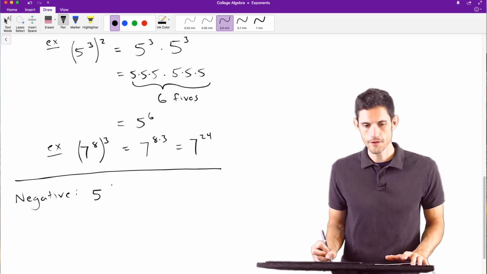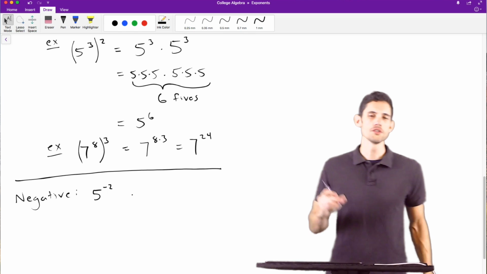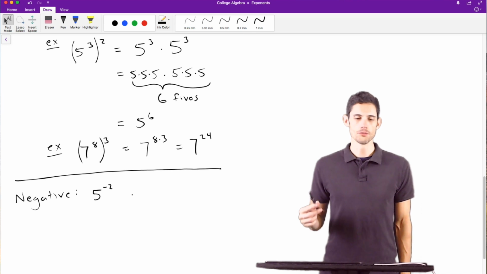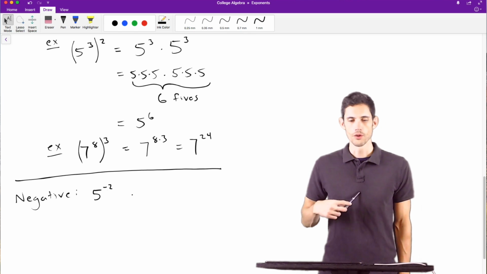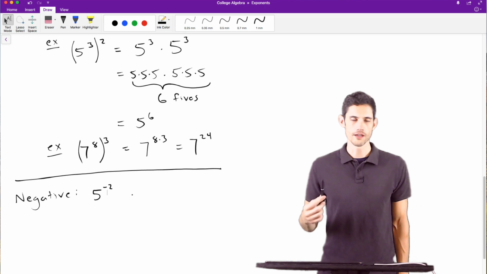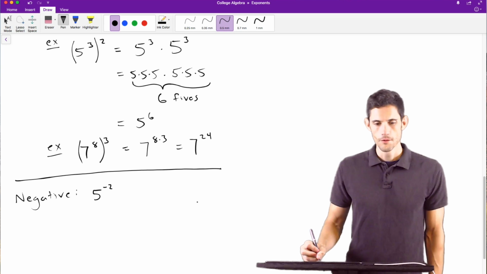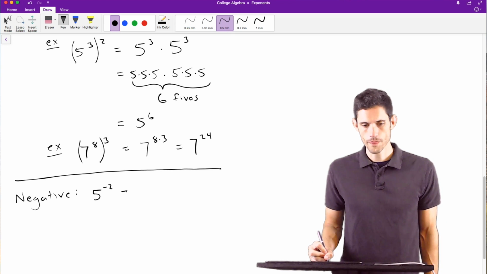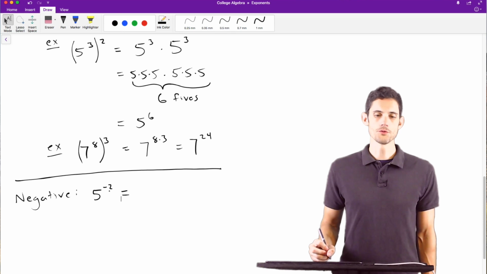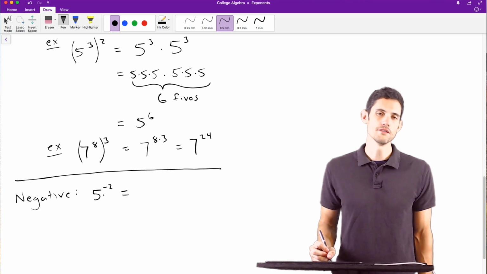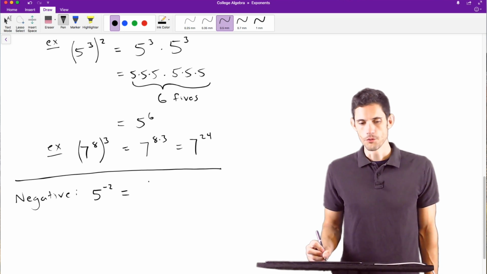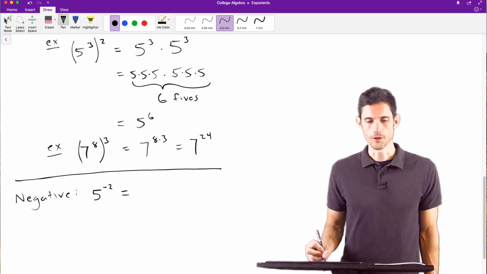If I write 5 to the negative 2, usually the exponent tells you how many times you're going to multiply this number by itself. Well, I can't multiply 5 by itself negative 2 times. That doesn't make sense. So what this negative sign means is that I need to write this quantity in the denominator of a fraction with the same exponent as a positive number.